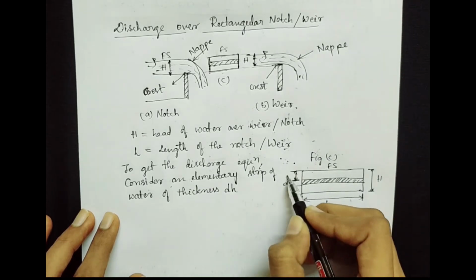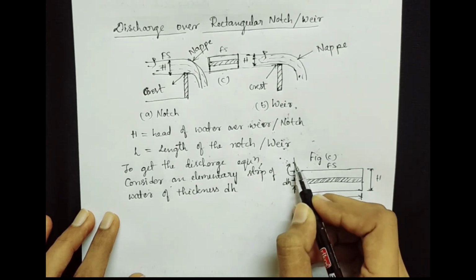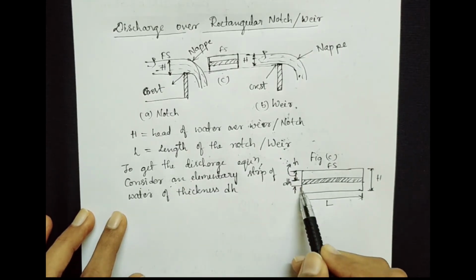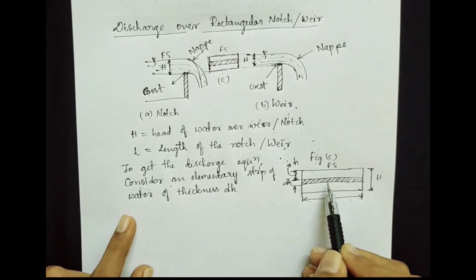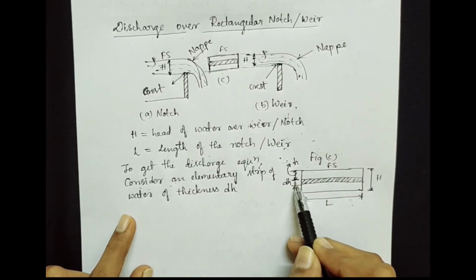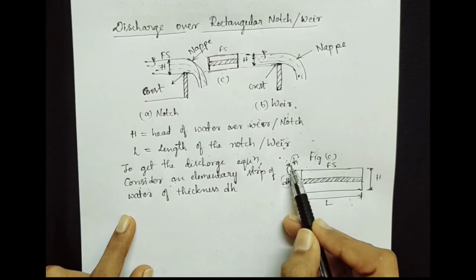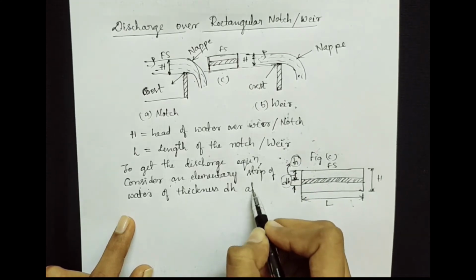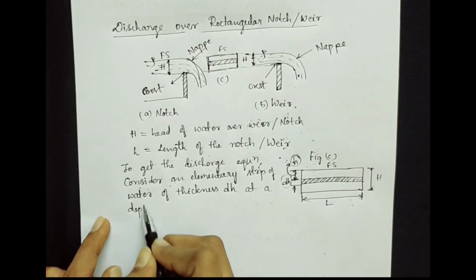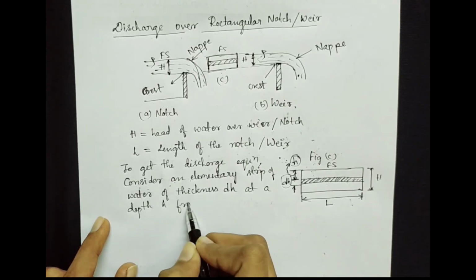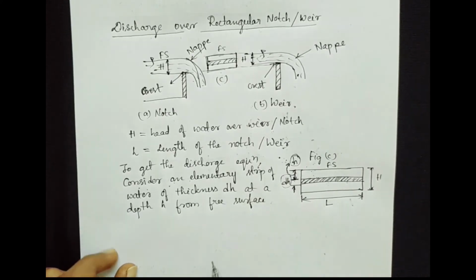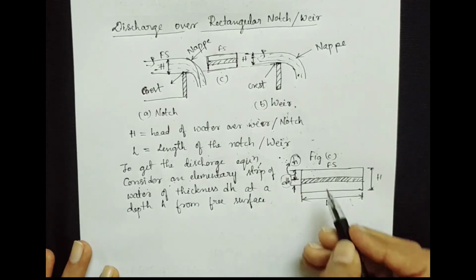So from the free surface, at a depth small h, we consider an elementary horizontal strip of length L and thickness dh at a depth h from the free surface of the liquid.